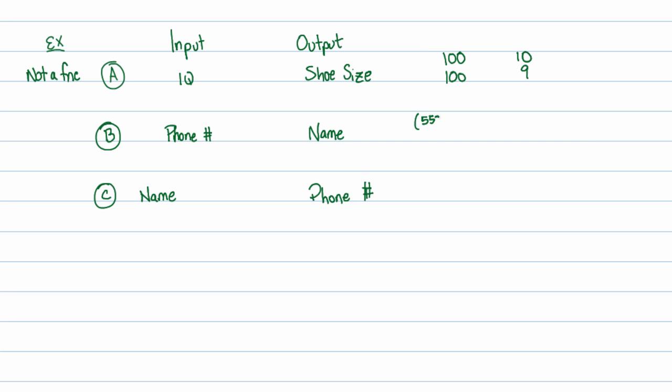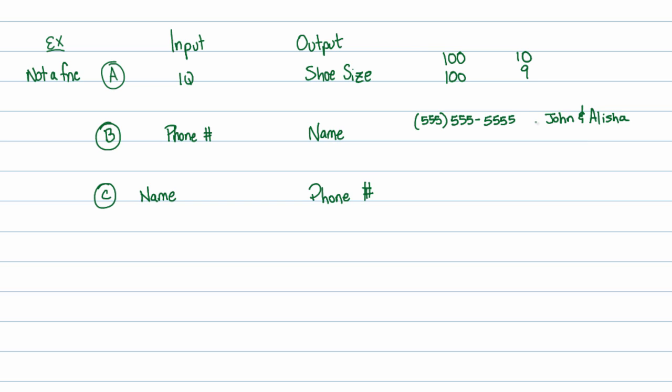So if somebody has the number 555-555-5555, which is not a real number, they could be sharing it with somebody else, like John and Alicia. So that's a possibility.